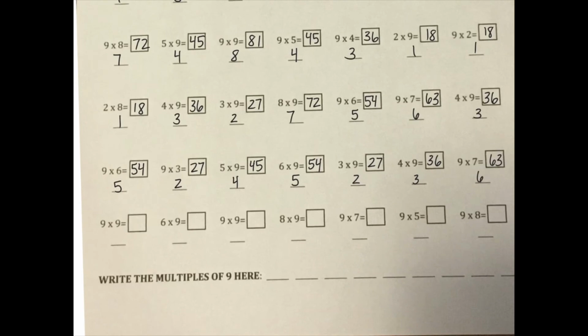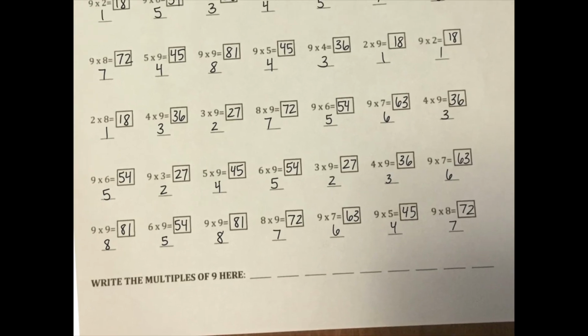Oh, 9 times 9, 1 less, 81. 6 times 9, 1 less, 54. 9 times 9, 1 less, 81. 8 times 9, 1 less, 72. 9 times 7, 1 less, 63. 9 times 5, 1 less, 45. 9 times 8, 1 less, 72.